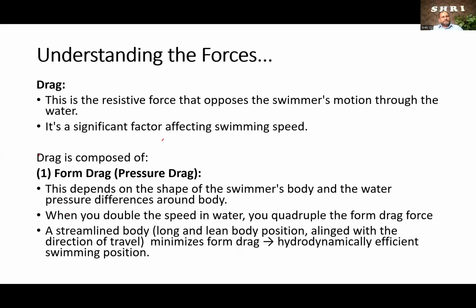Then the other one is a streamlined body. Now you all could have seen the swimmers when they swim, they make the body straight and keep the hands straight in front of their head. The whole thing is extended, the elbow joint is extended. That is called a streamlined body, a long and lean body position aligned with the direction of travel.